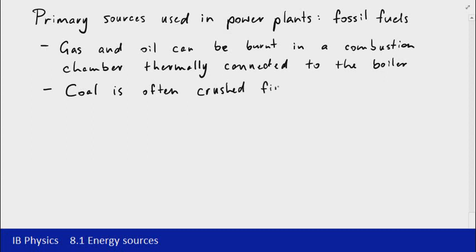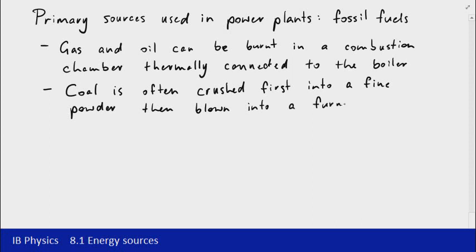And after it's been crushed, it then has to be blown into a furnace. And to help make sense of that, I'll include a diagram here. So I'll just finish that statement.